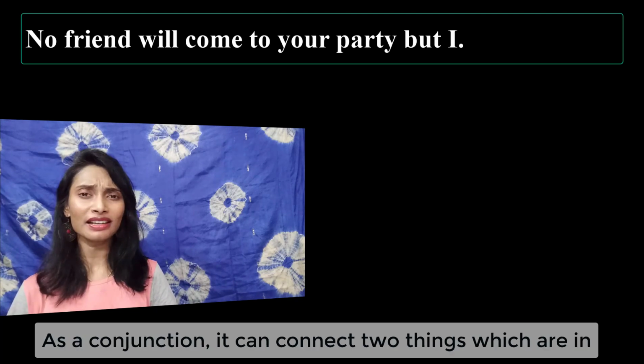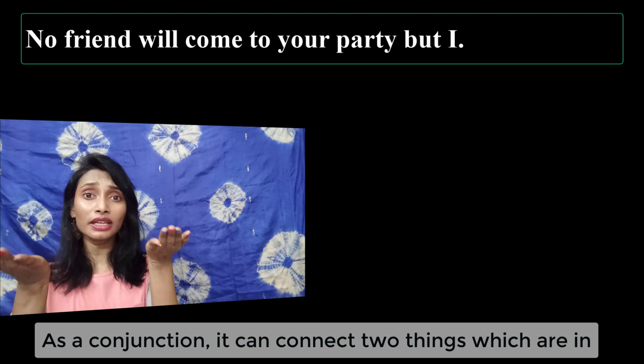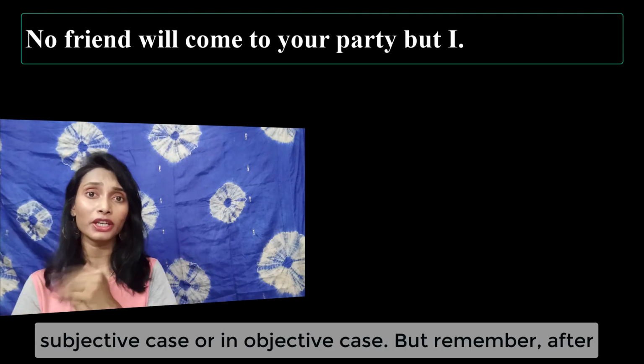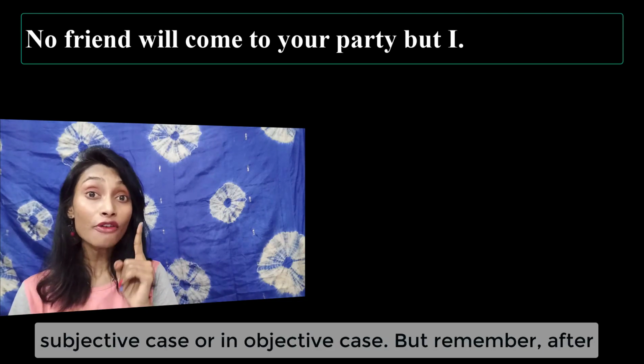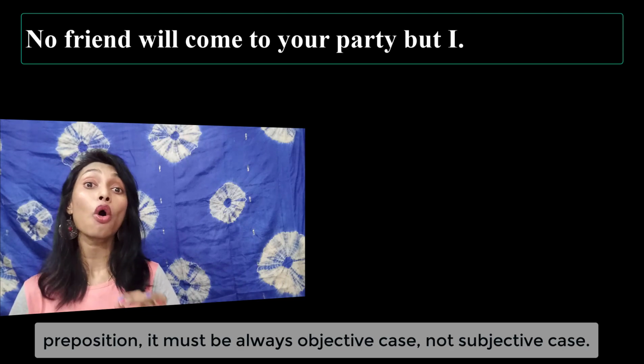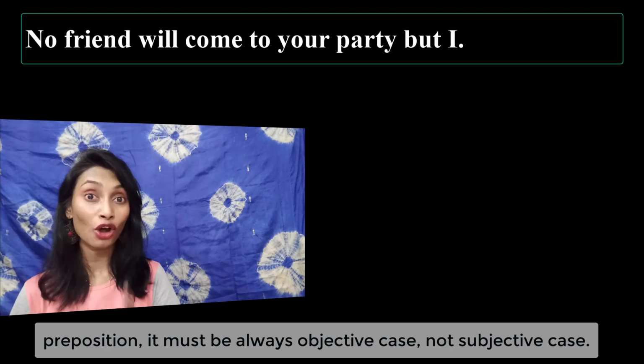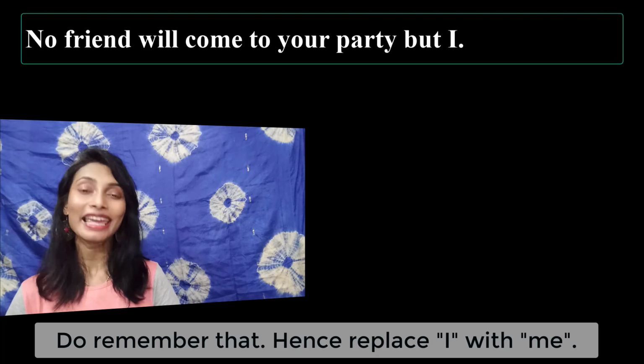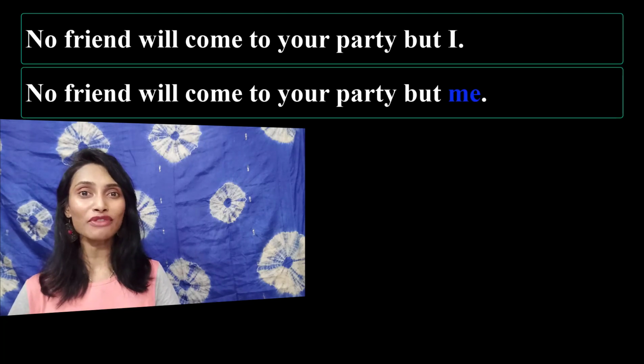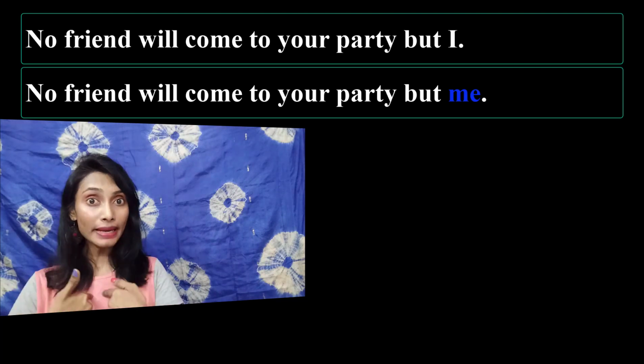As a conjunction, it can connect either two things which are in subject case or in object case. But remember, after preposition, it must be always object case, not subject case. Do remember that. Hence, replace I with me. No friend will come to your party but me.